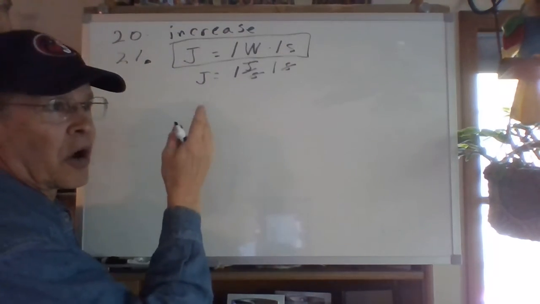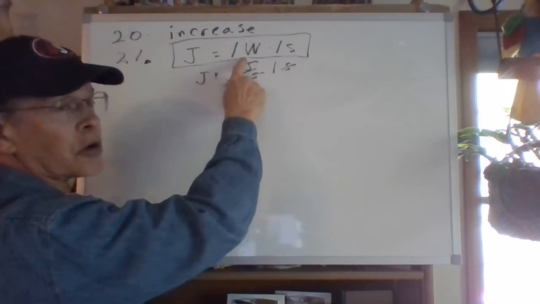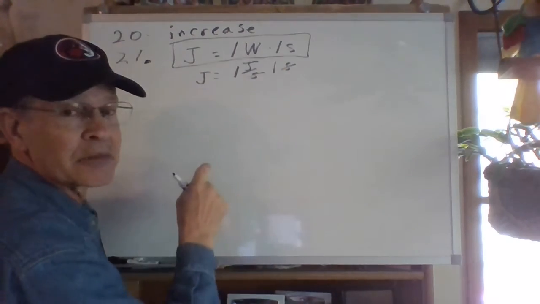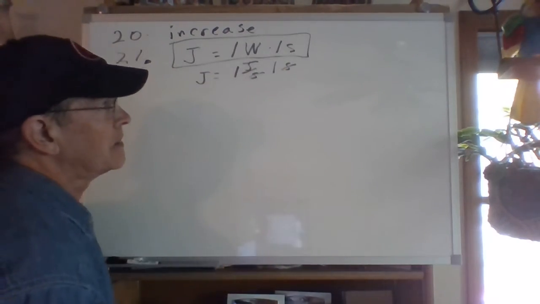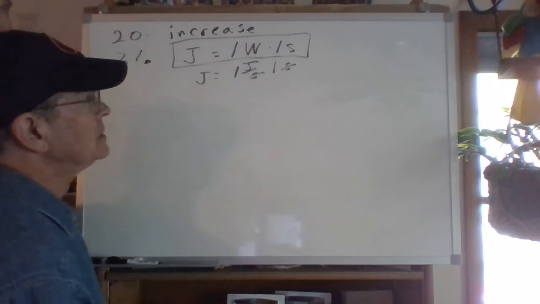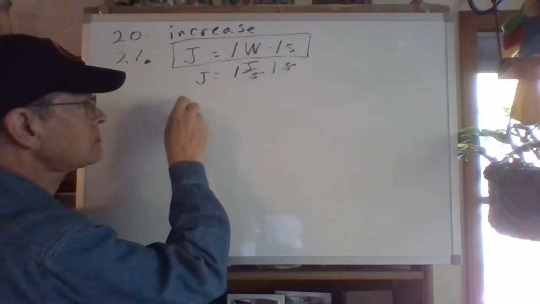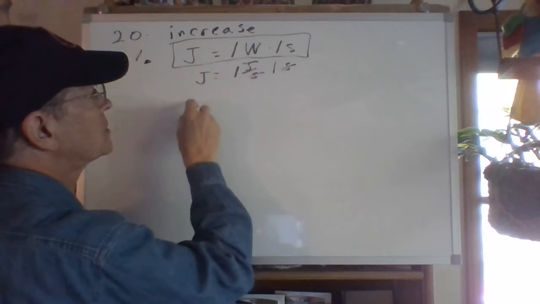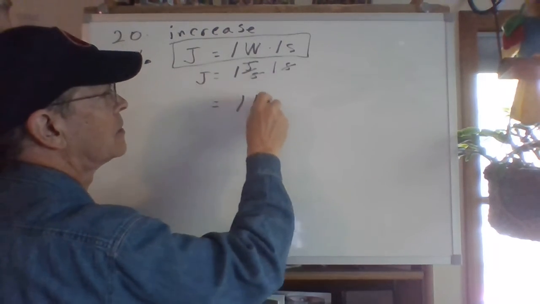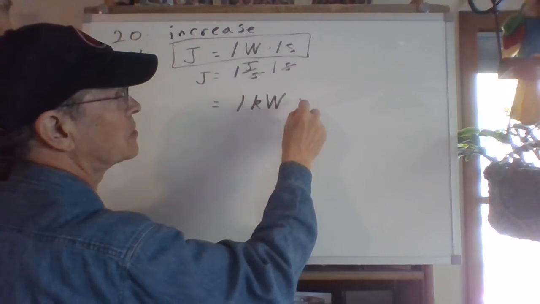People would understand a watt second better than a joule, because they look on the appliance and could see how many watts of power it takes. They could multiply it times how long they used it, and they would have how many joules. But they'd have to know how many watts and how many seconds. Most things use a lot more power than that. So instead, we substitute a kilowatt, and instead of second, we substitute hour.